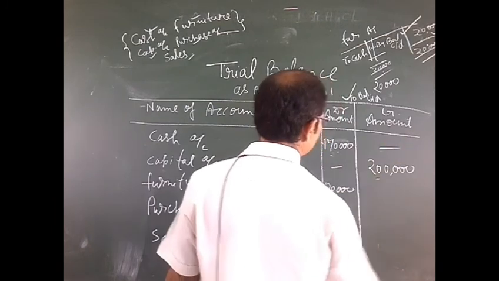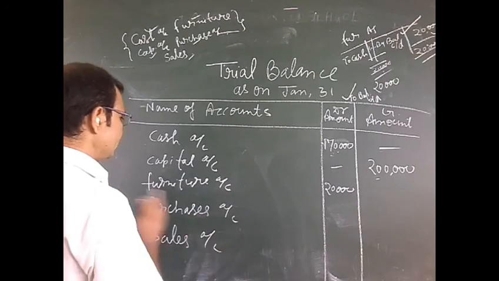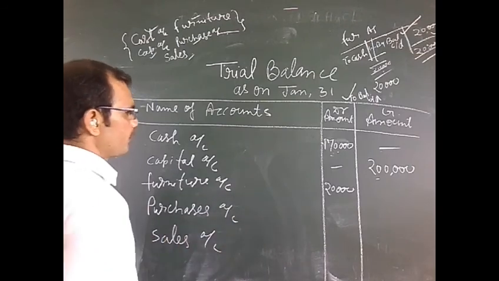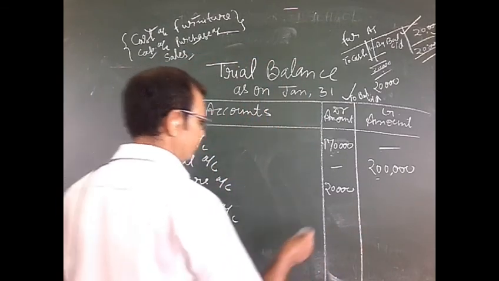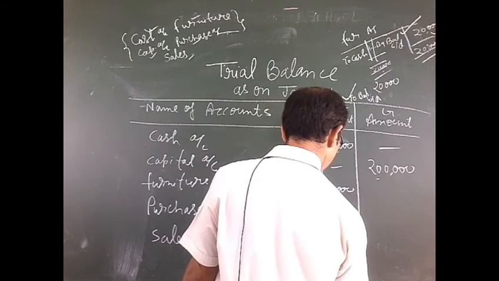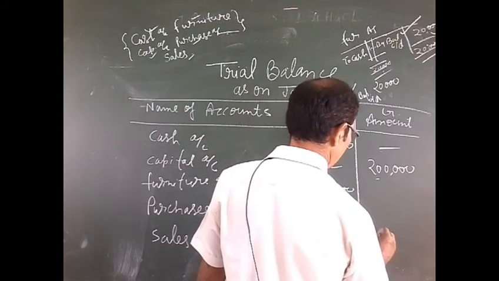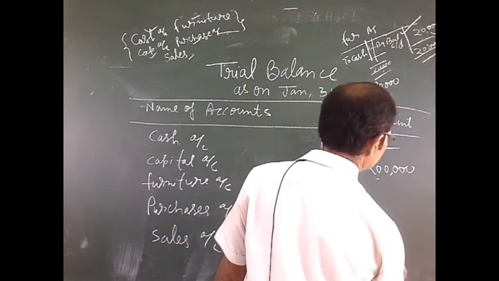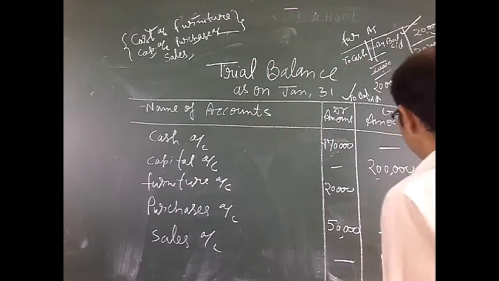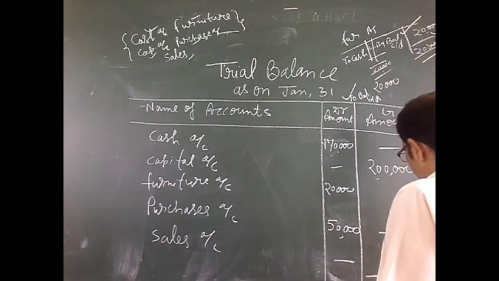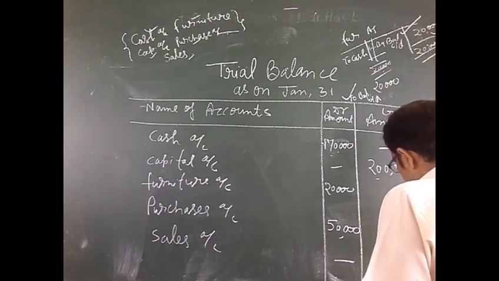debit side. Here we will put dash, where there is no amount we will put dash, and the purchase account in the same way. Purchase account, the amount is given 50,000 rupees and we will write here 50,000, and in the same way we will write sales account of rupees 40,000, and we will add all these amounts, 2,40,000.